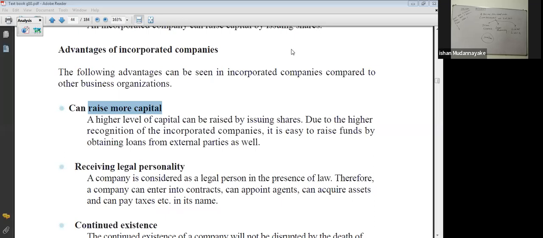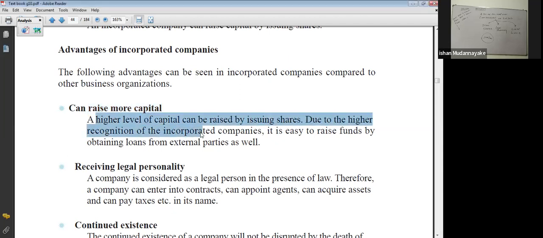Can raise more capital. A higher level of capital can be raised by issuing shares. Due to higher recognition of incorporated companies, it is easy to raise funds by obtaining loans from external parties as well. An incorporated company can issue shares, and the business can obtain loans from external parties easily. Why?